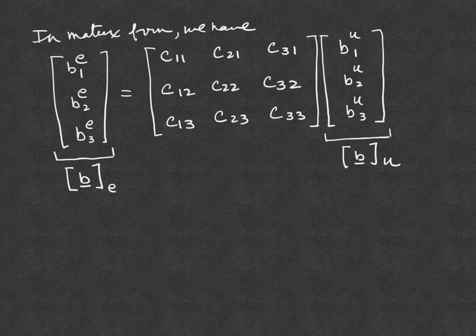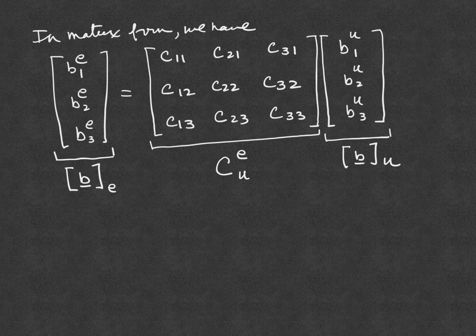So that means the 3 by 3 matrix sitting between these two has to be a transformation from u to e.